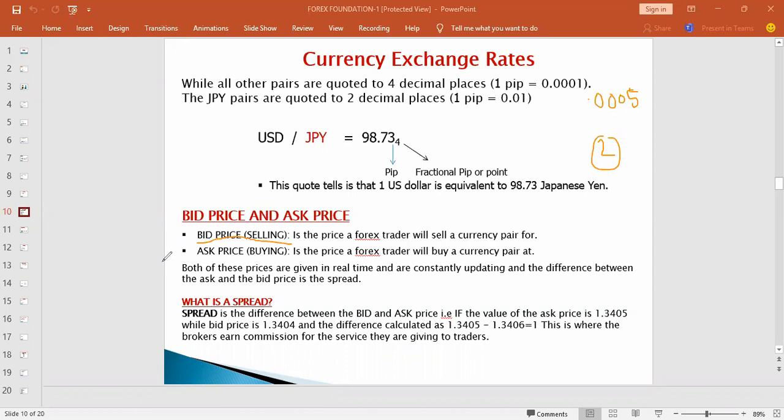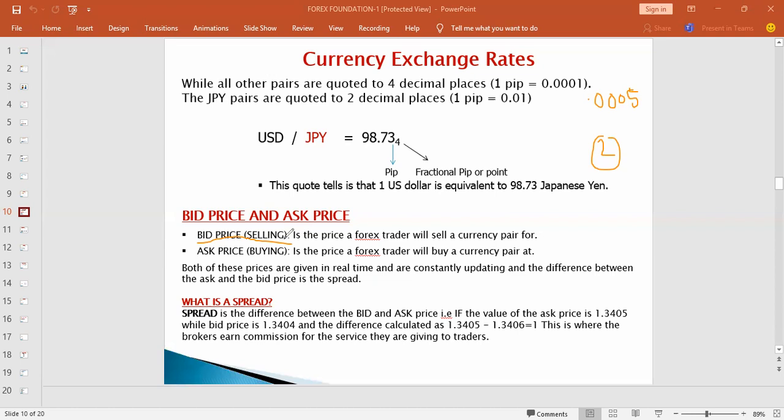The person buying from you is going to be bidding, which means the person is buying. So the bid price is for the person that is buying from you, but you as a person are selling to them. I hope this is clear.